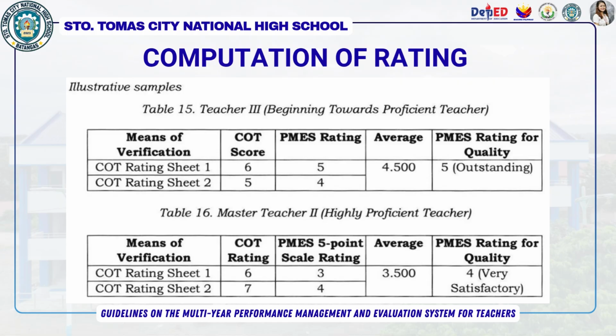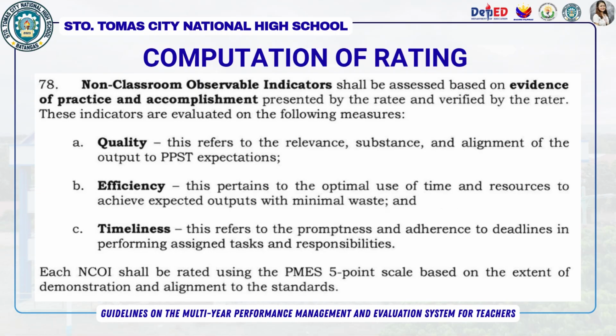This averages to a PMES rating of 3.5. This transmutes to an overall PMES rating of 4 or very satisfactory. The overall COI rating is based on the average of your 2 full period observations, and the system ensures that your growth across the whole year is factored in.